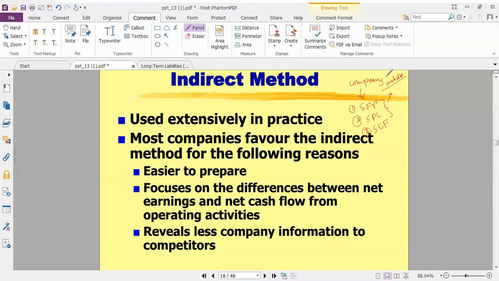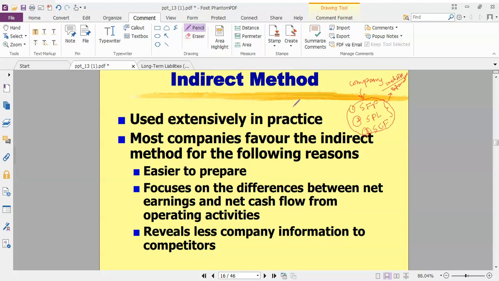Okay, the big company usually has a website, and under their website, okay, they include all the information, including these three things: statement of financial position, statement of profit and loss, and also statement of cash flow. So all these things we can easily get the information under the website of the company.